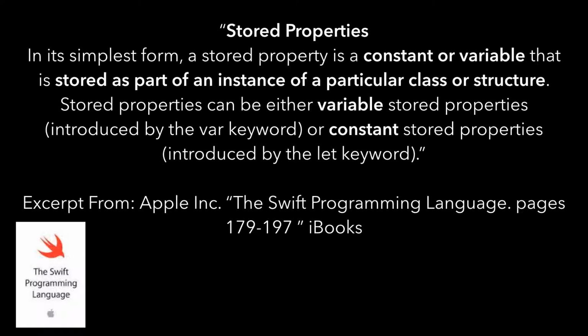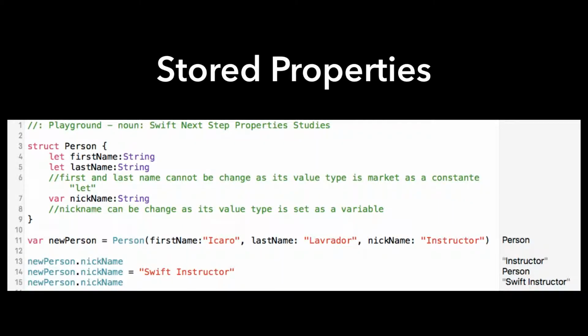It can be a constant value when we use let, or it can be a variable value when we use the word var. So when we have a class, structure, or enum, and we declare something as a var or as a let, that is a stored property. So let's see an example here.